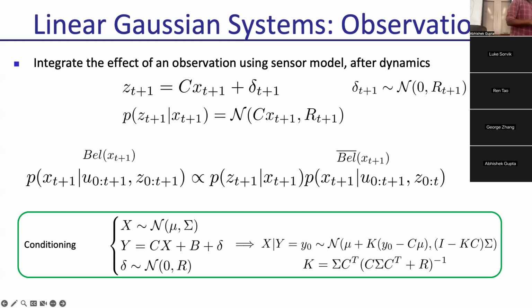The identity says that if you have X, which is a Gaussian, and you have Y, which is a linear function of X plus some noise, and the noise is again a zero-centered Gaussian (there's a little typo here, this B shouldn't be there, ignore that), then the conditioning variable does this interpolation plus shrinking of uncertainty, right? Everyone remember that? We did this a few slides ago.